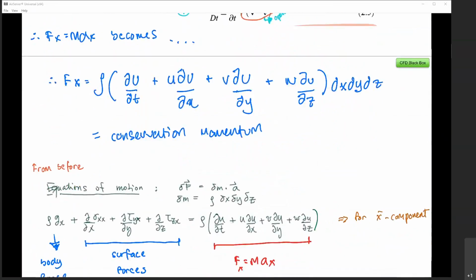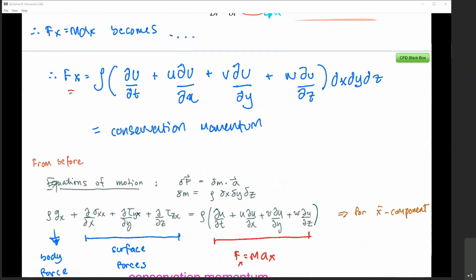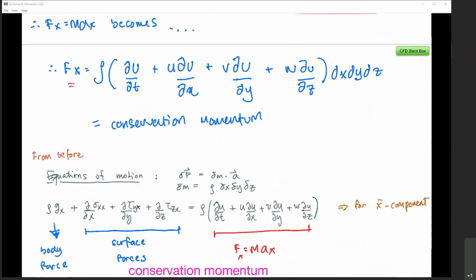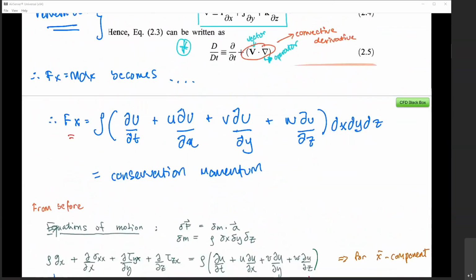So for Fx, we can write density multiplied by the components of u: du over dt, u du dx, v du dy, and w du dz. This is for the x component only, please keep in mind.